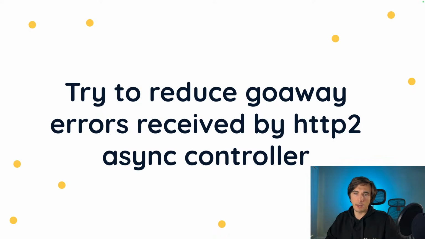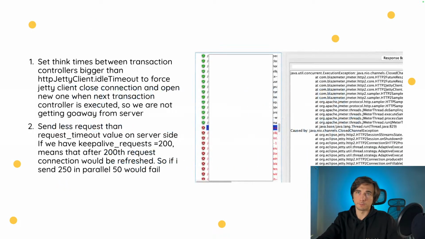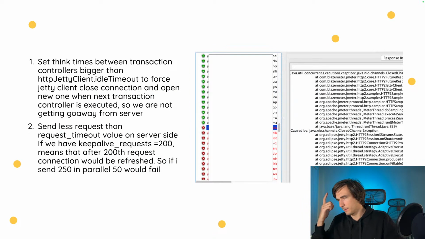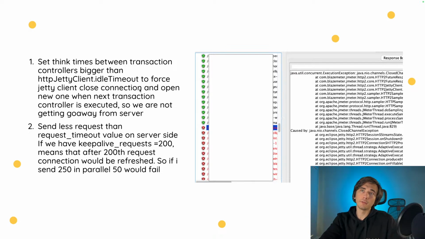So how did I try to achieve this? We know that there are a bunch of parameters available in the GitHub documentation for the HTTP2 plugin, and one of them is the HTTP Jetty client idle timeout.